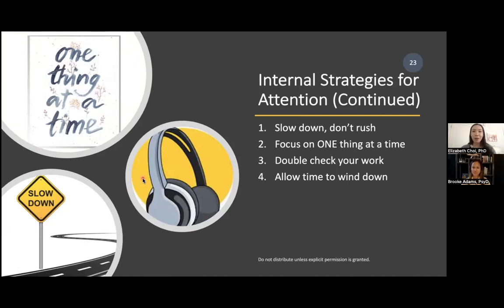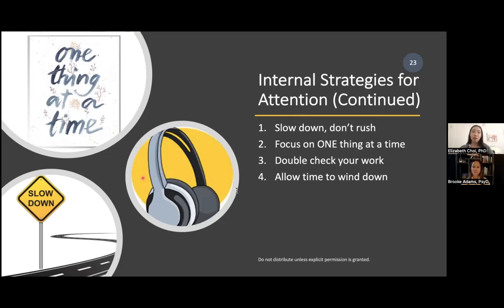You can do that as well. And we want to develop a habit as well to double check our work to minimize mistakes that might have come up due to attentional inefficiencies.